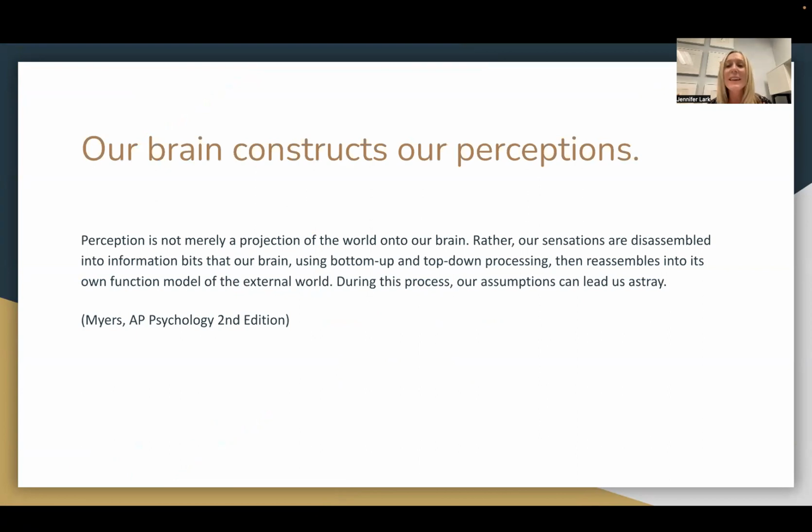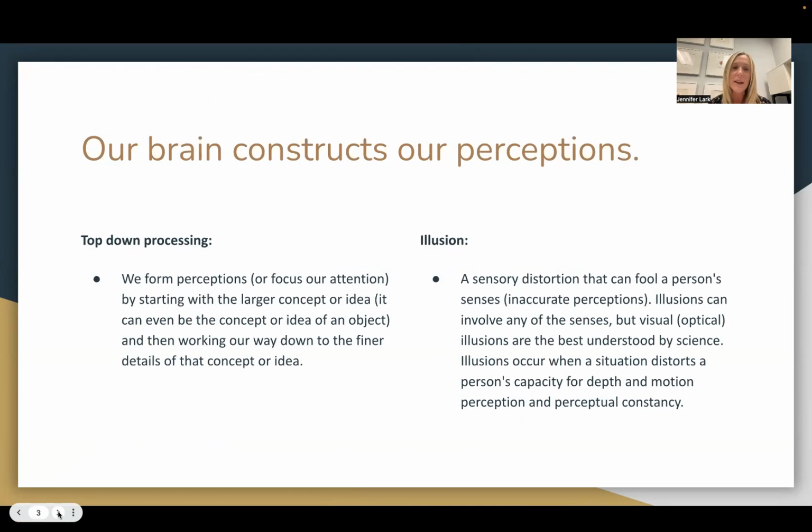Rather, our sensations are disassembled into information bits that our brain, using bottom-up and top-down processing, then reassembles into its own functional model of the external world. That's why we don't always agree about what we see, even if we're technically looking at the same thing. During this process, our assumptions can sometimes lead us astray into seeing illusions or things that aren't actually there in official reality, let's say.